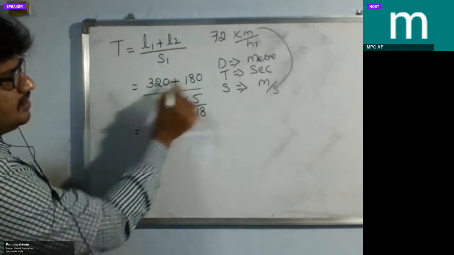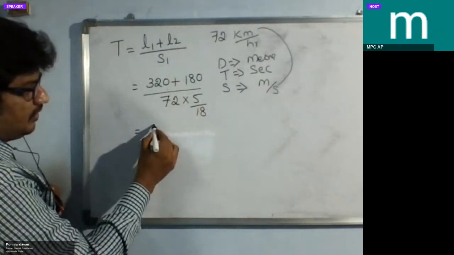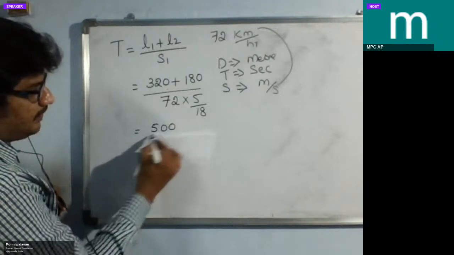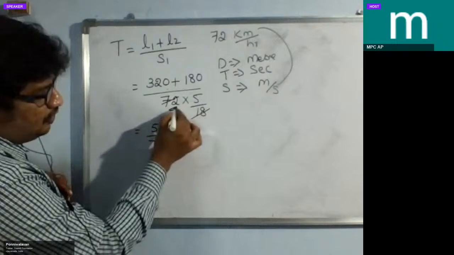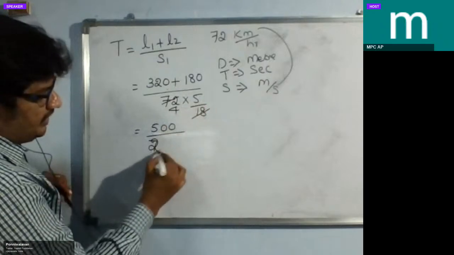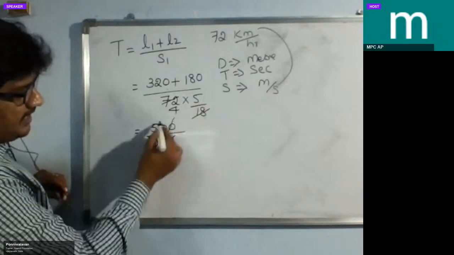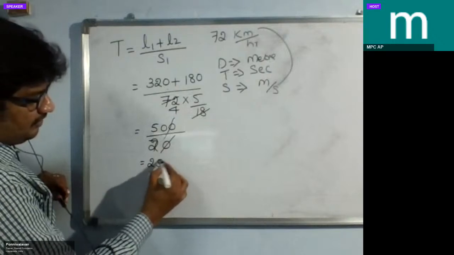Now 320 plus 180 is 500, divided by 72 into 5 by 18, which is 20. So 500 divided by 20 is 25 seconds.